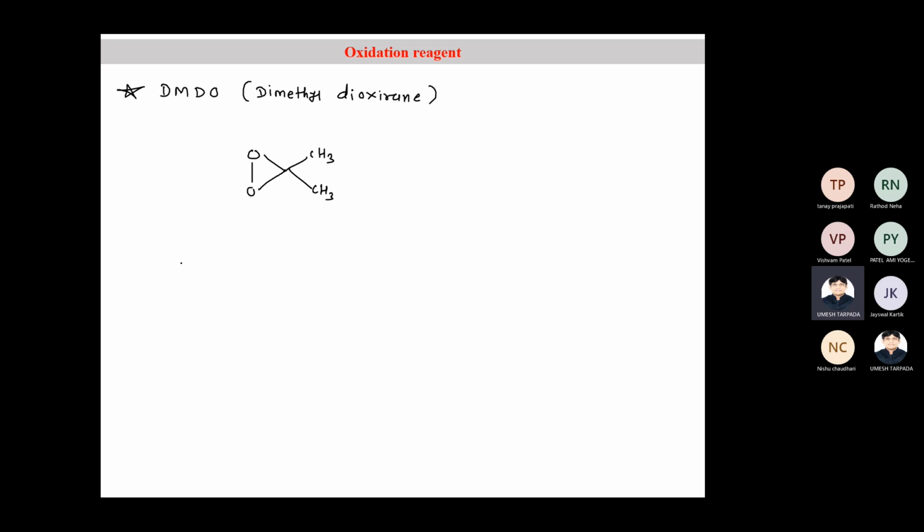Basically, it is prepared by the reaction of a ketone and sulfuric acid in this way.